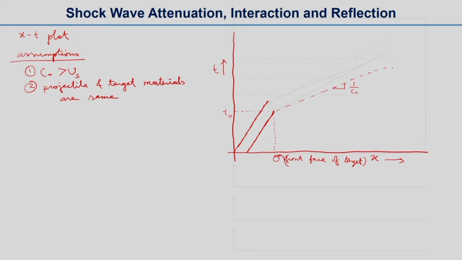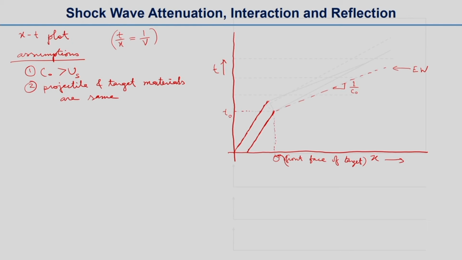So, this is elastic wave, I will write EW for elastic wave. I hope you understood it, because why is it inverse? Because t by x is 1 by velocity. So, this is velocity inverse.